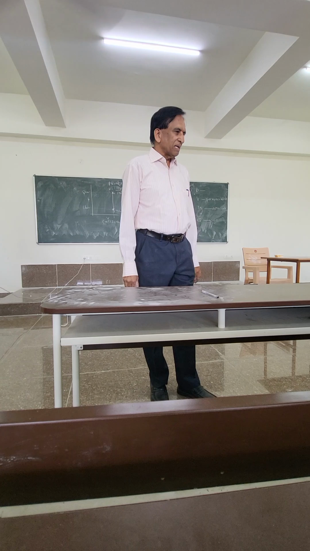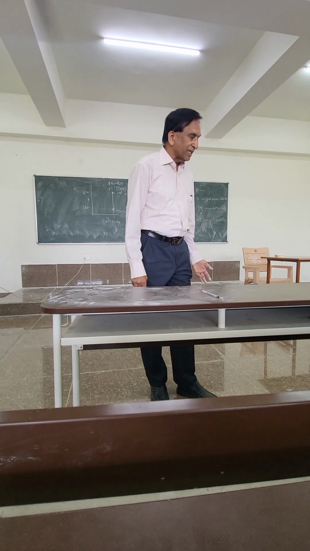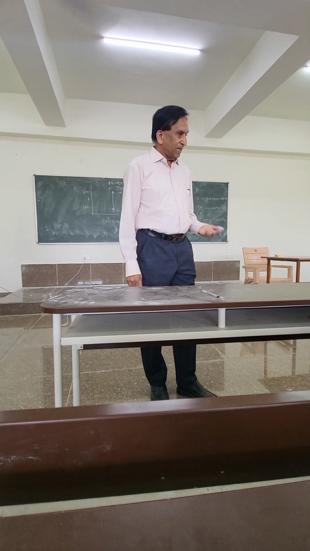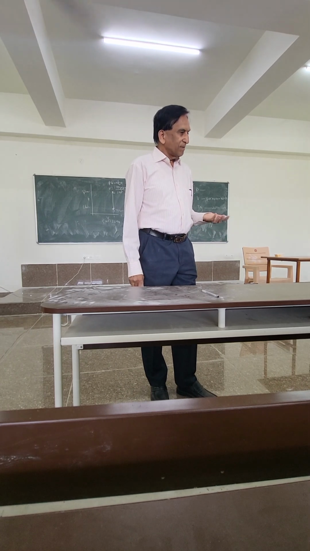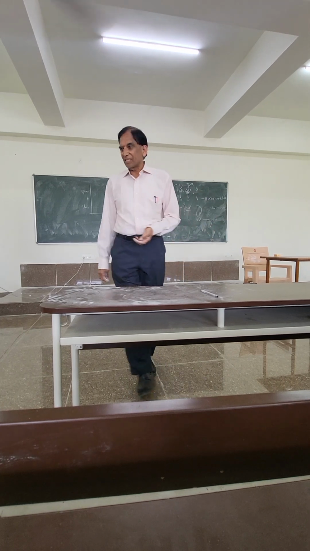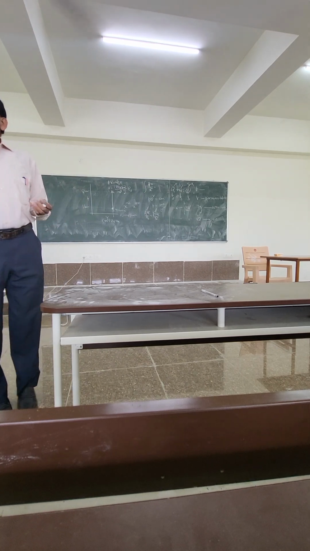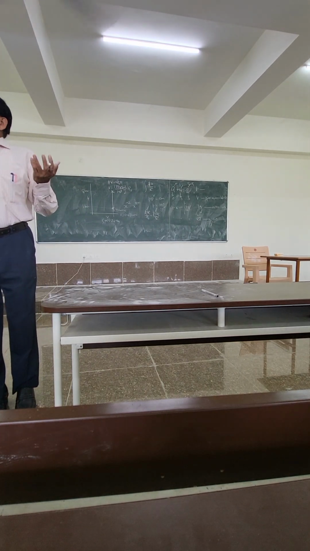P2 by P1 is 8, T1 is 300, multiplied by 8, so 300 times 8 is 2400. Does everyone get 2400? Okay, now we know T1, we know T2. Isochoric.